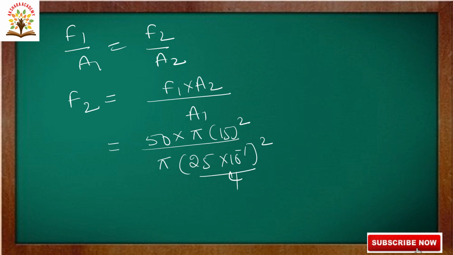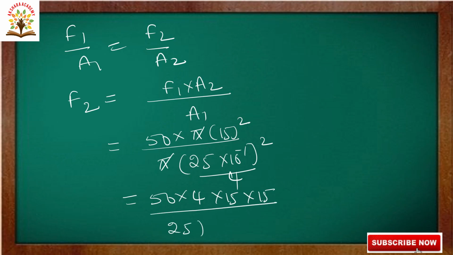So pi gets cancelled, so that is equal to 50 into, taking the reciprocal, 4 into 15 into 15 by 25 whole square, which is 25 into 25 into 10 to the power of minus 1 whole square and 10 to the power of minus 2.